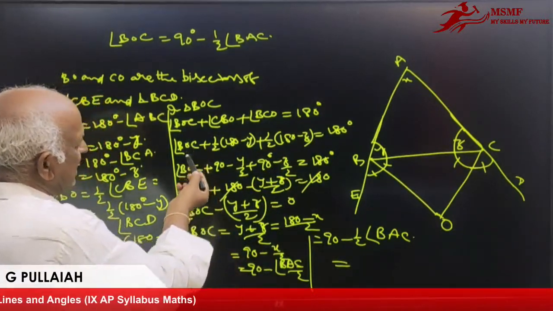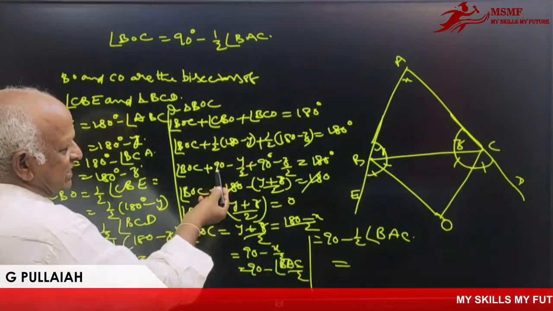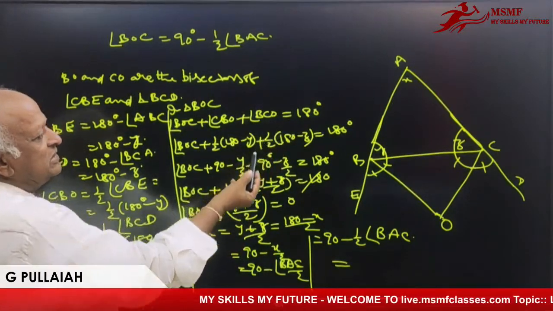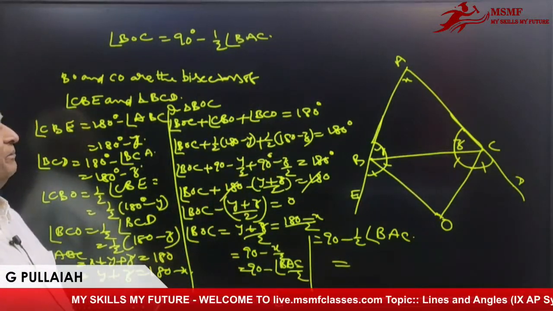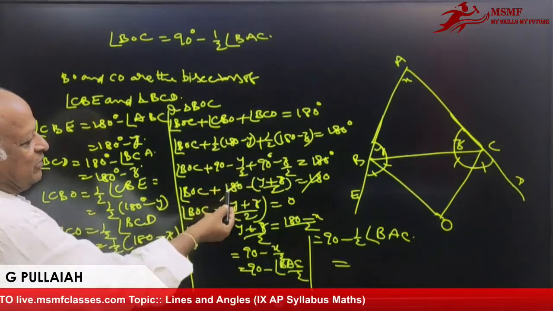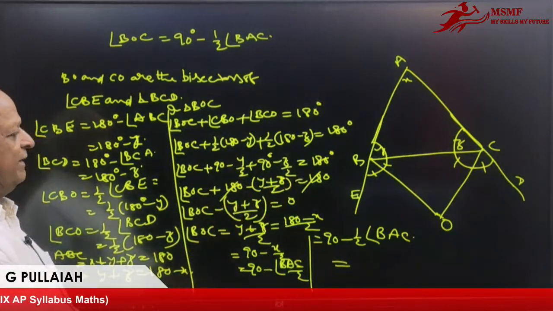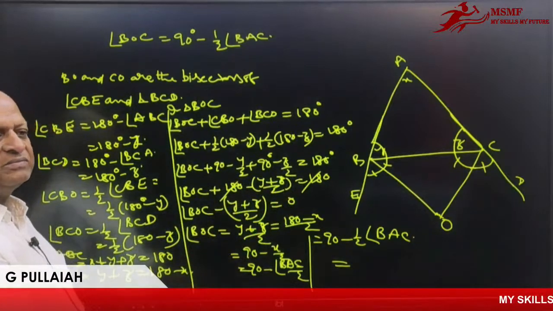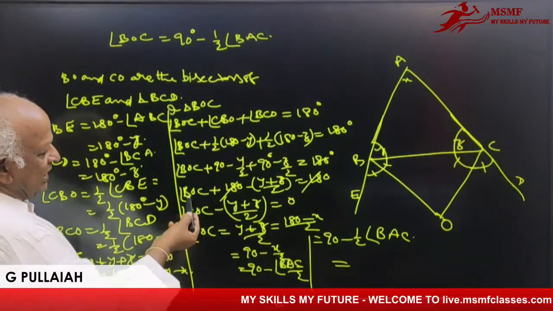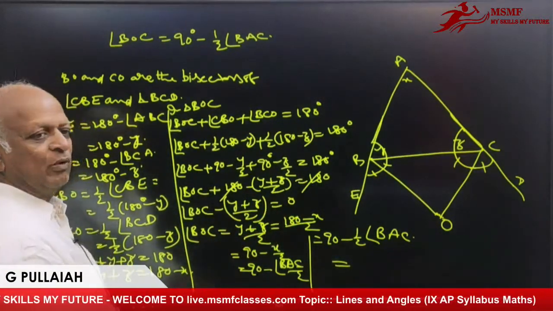So half of 180 minus y is 90 minus y by 2, and half of 180 minus z is 90 minus z by 2. That is equal to 180. So angle BOC plus 90 plus 90, minus half of y plus z, is equal to 180. We can cancel 180 with 180.